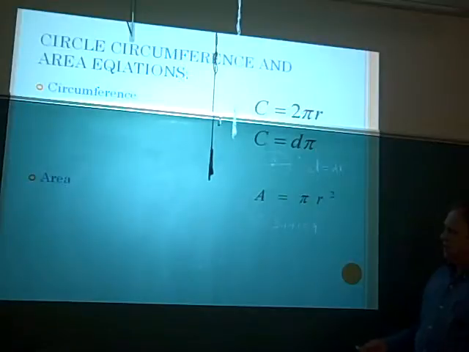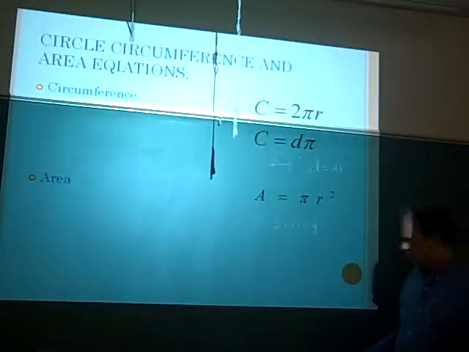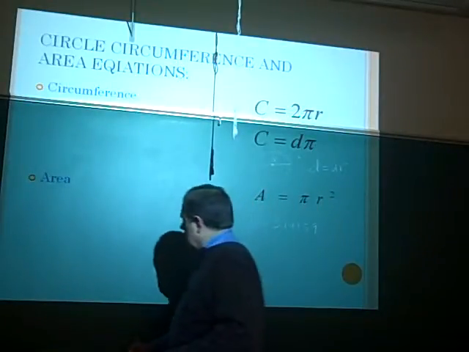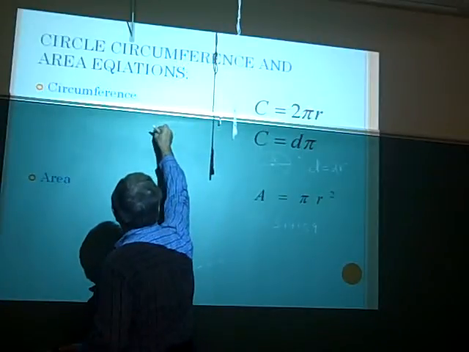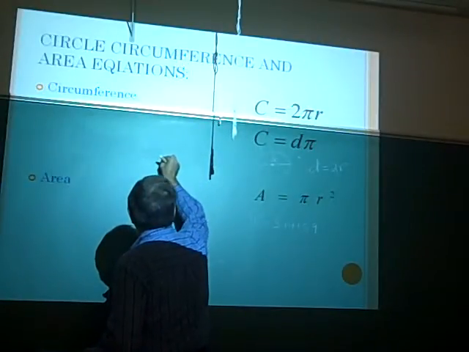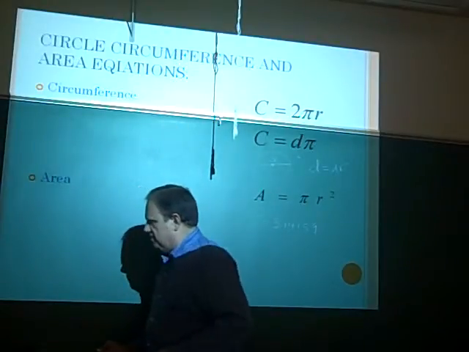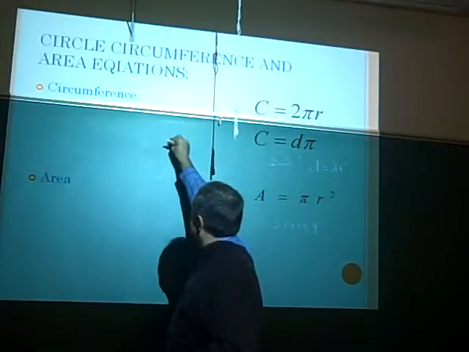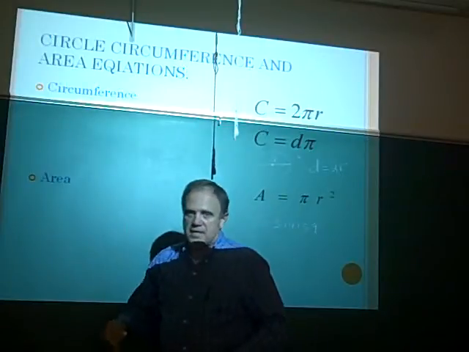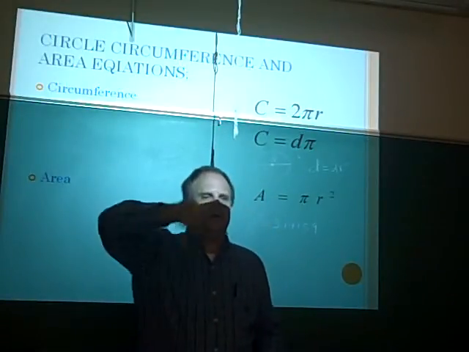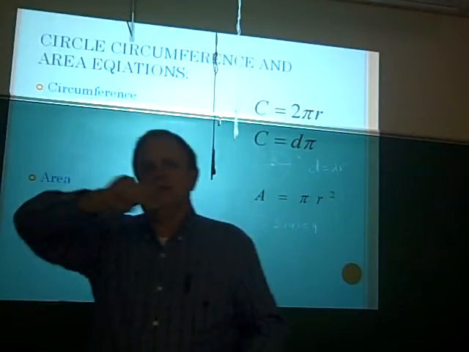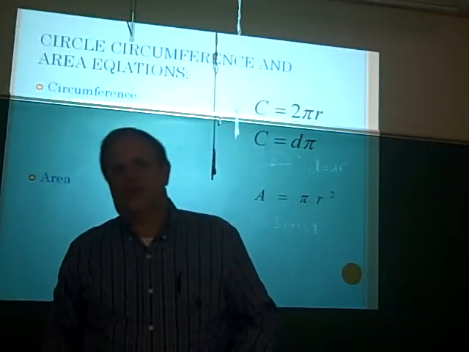Whereas the area, now what that means is this outer edge, let's say you had a little puppy on a chain, and then the little puppy went round and round and round and kind of dug out a circle.